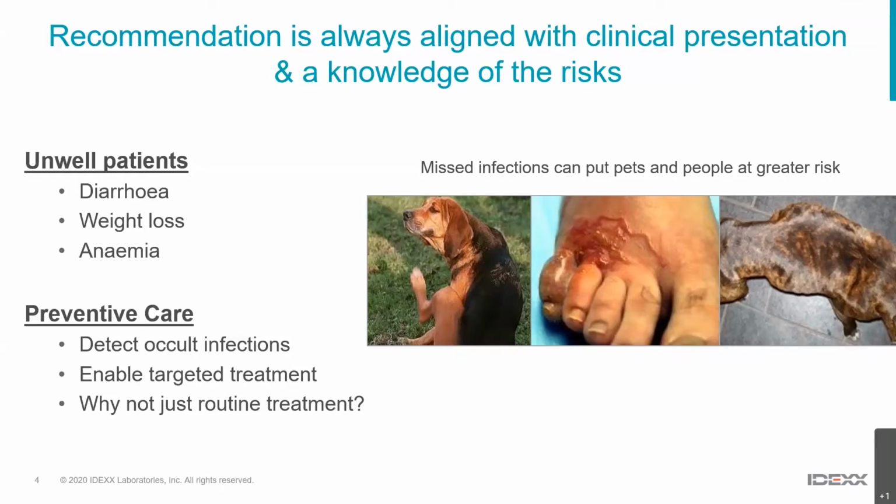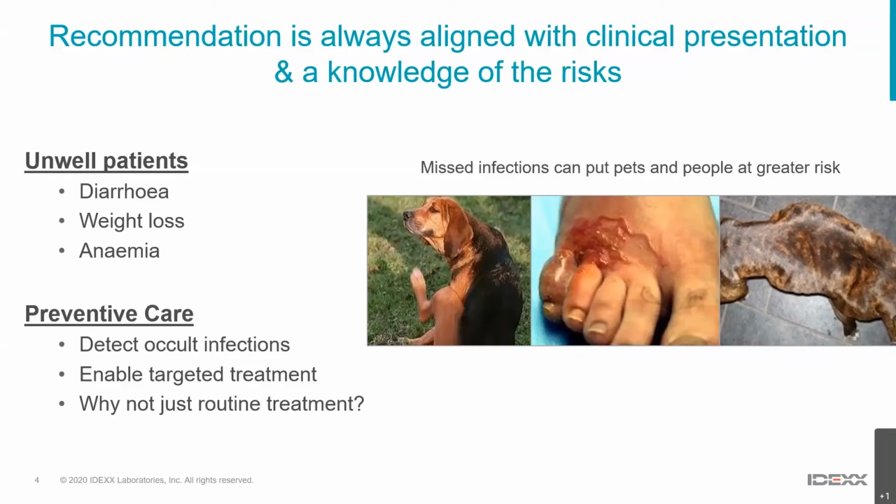When we're looking at it in well patients and talking about preventive care, it allows us to detect occult infections, because we certainly can have patients that have a parasite burden without clinical signs. And it allows us to target the treatment to medications that are best practice for different types of parasites.